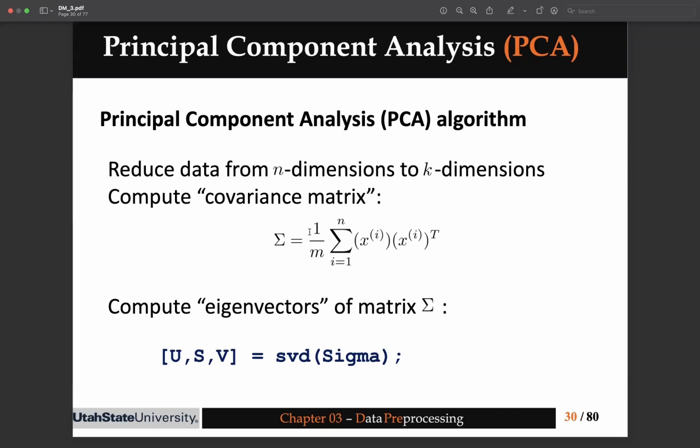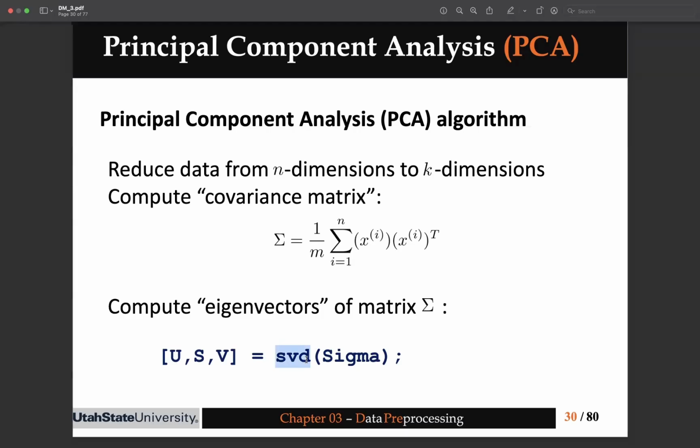Once we have our sigma, we're going to decompose it using the SVD, or singular value decomposition, in order to get some really nice matrices that we're going to use later. We don't have to learn about SVD.